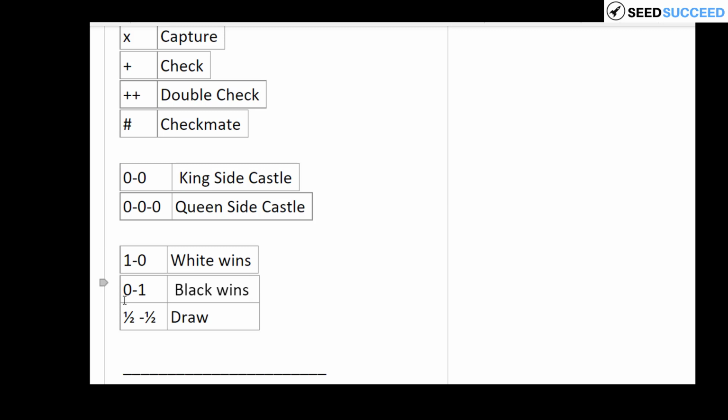Or if you find 0-1, it means black won the game. When you find half-half points, then it is a draw. Both players mutually agree to a draw, or the position is a draw. So this is how they annotate the chess results.